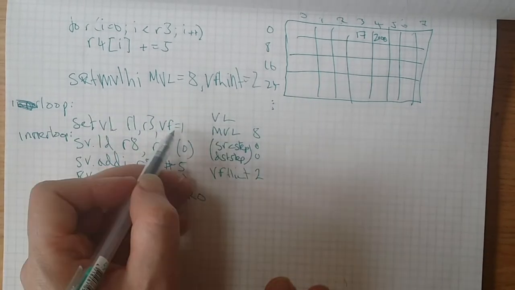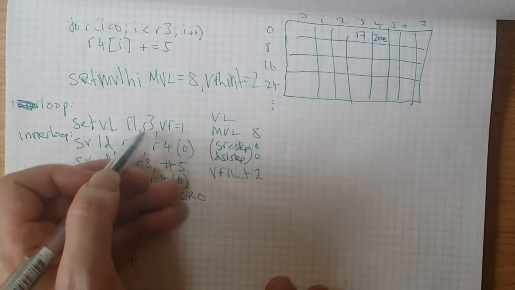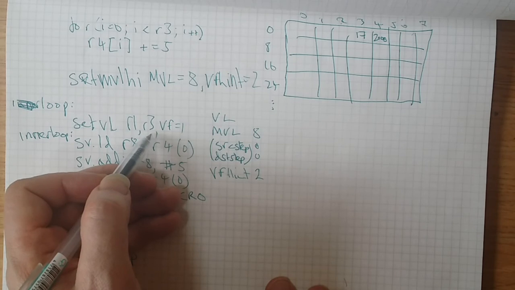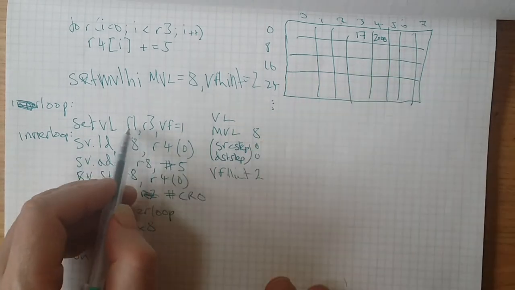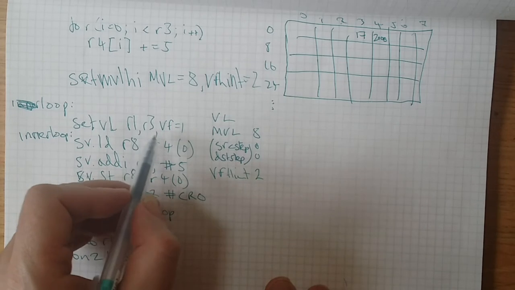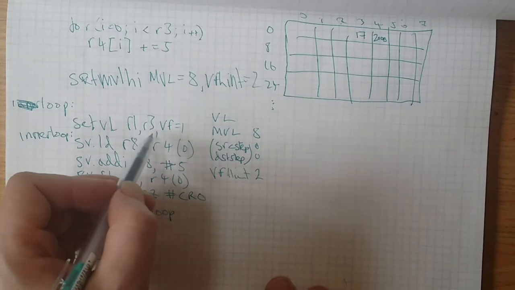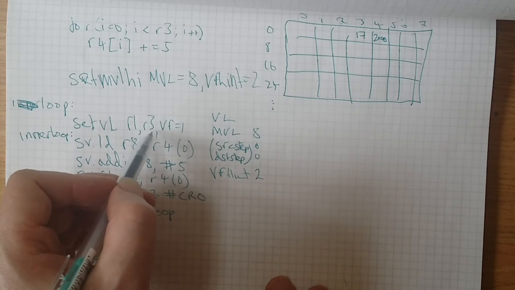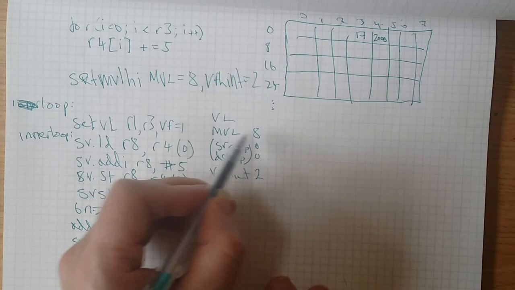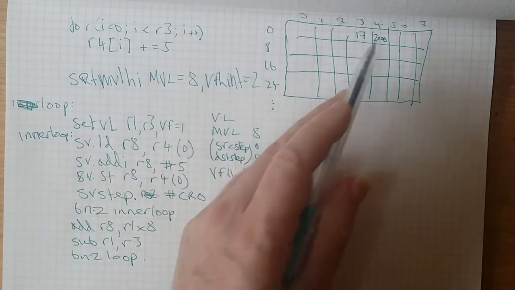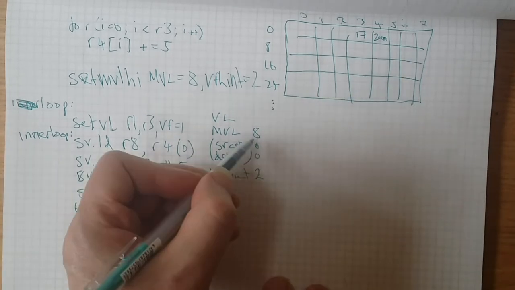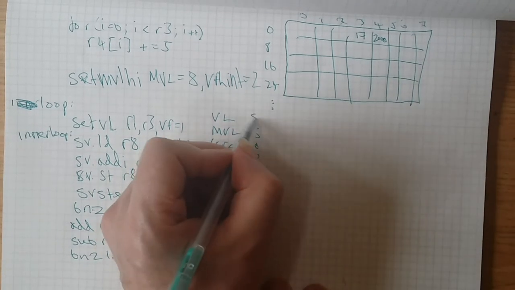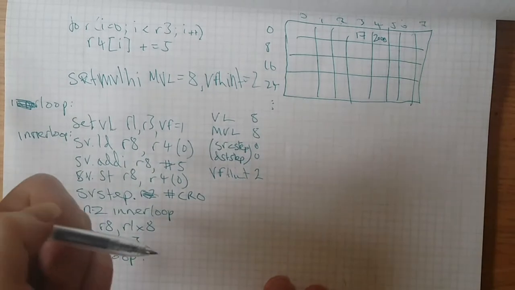Now the next instruction requests vertical first mode. R3 is 17, so VL equals the minimum of MVL, which is 8, and R3, which is 17, and sets it to 8, just as it did before.